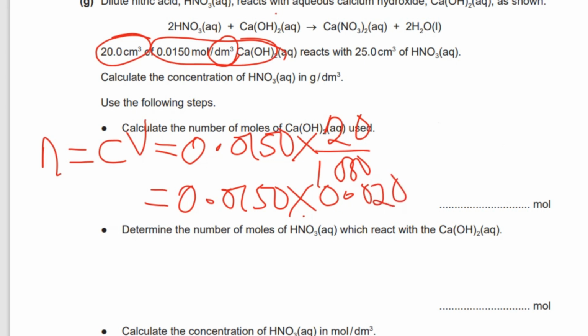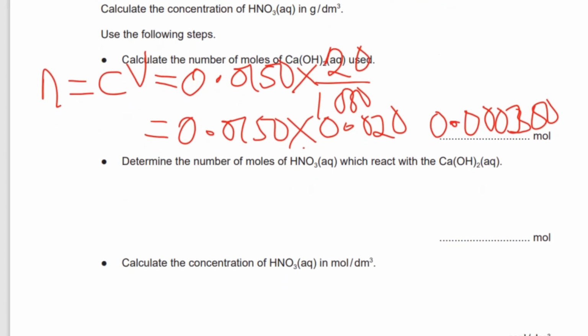Okay, so if you punch your calculator, you are going to have 0.00003. You want to leave your answer to 3 significant figures, so you have that.